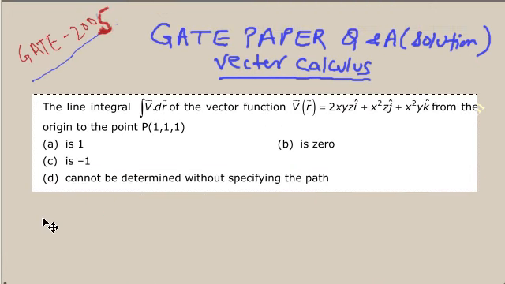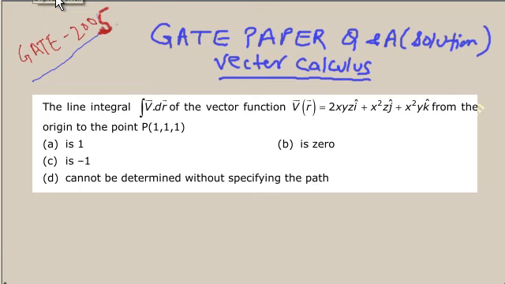This is the question from GATE 2005. The line integral of v dot dr of the vector function from the origin to the point is asked. I have explained in my earlier video that you can calculate the line integral only when the path is given.